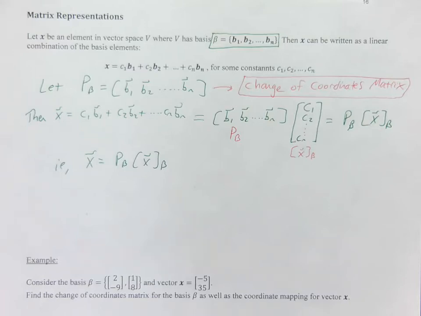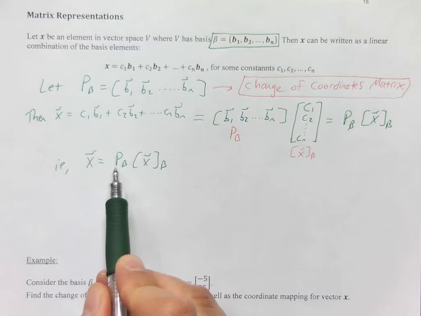And the idea here is that P sub beta is a matrix, and we know that P sub beta is going to be invertible because the columns are linearly independent, because they're basis elements. So let's write that down.